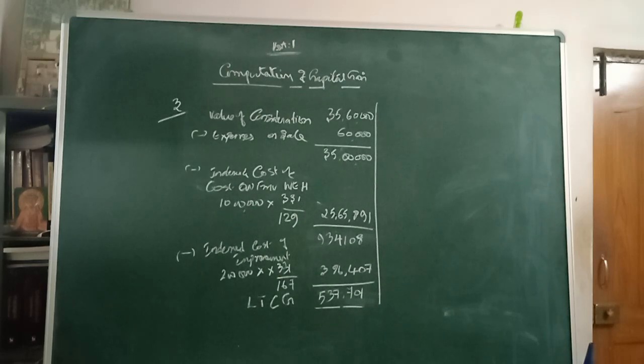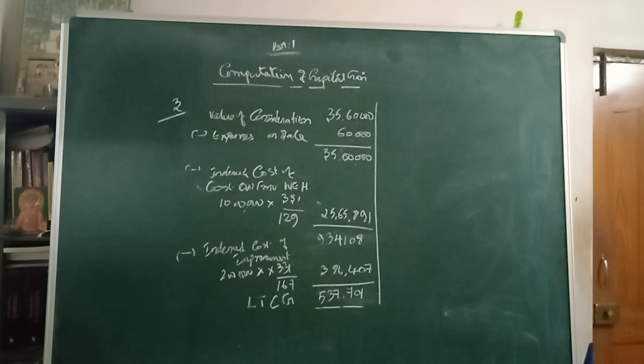In this case, another point is also given in the question: the present owner acquired the property only in 2007. So we take the index point for 2007, which comes to 129. What is the value of consideration? 35 lakhs 60,000.